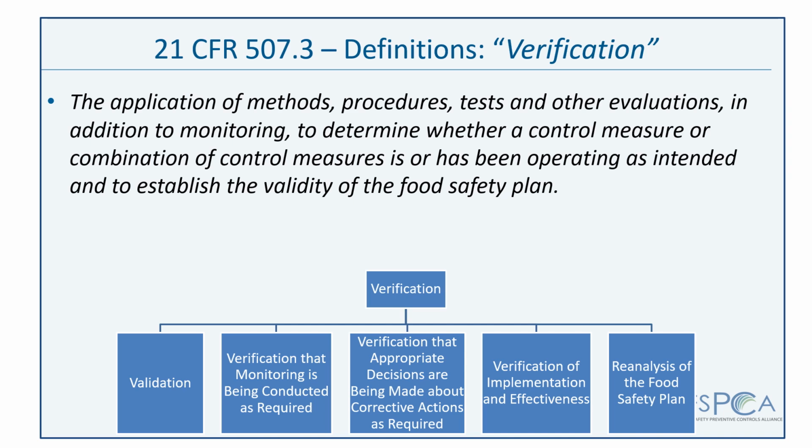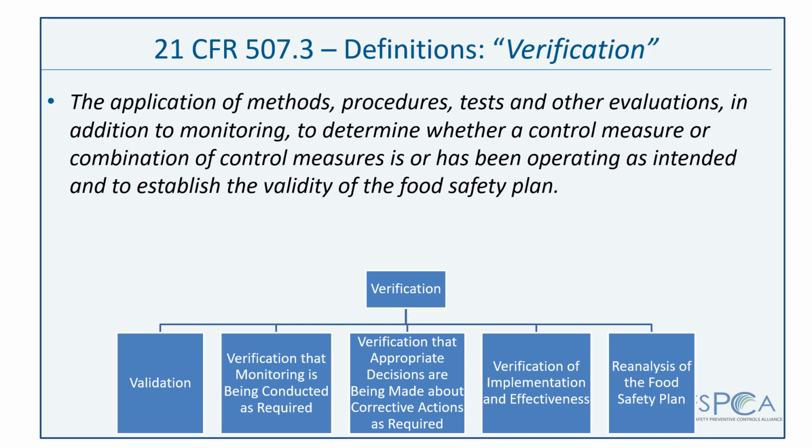And what we mean by validation is, did we design the food safety plan correctly? So this kind of follows a more scientific-based definition of validation than what we saw with the HACCP programs. So validation is designing the food safety plan, designing the preventive controls.